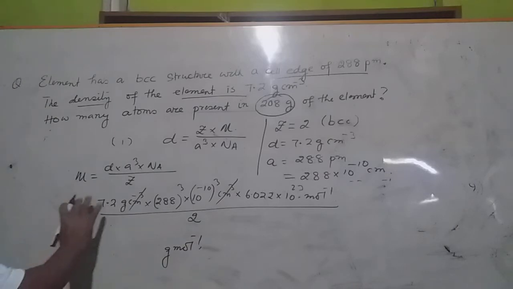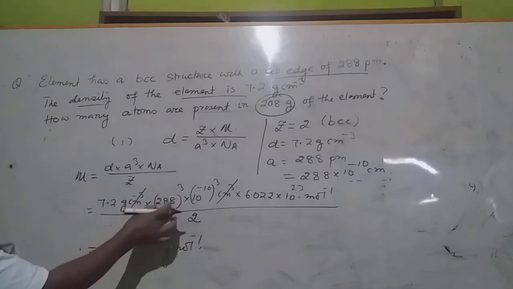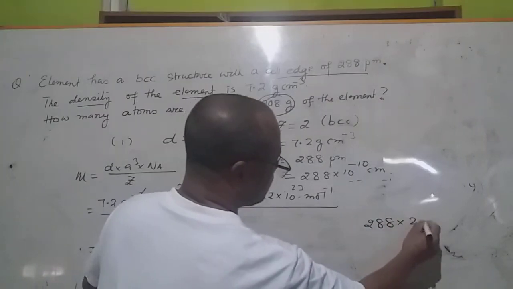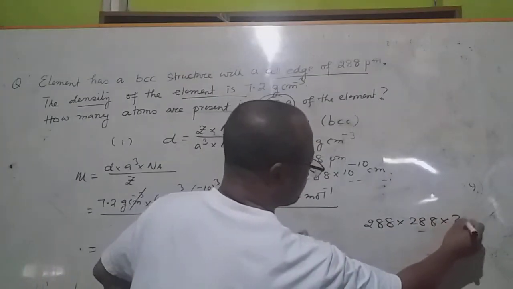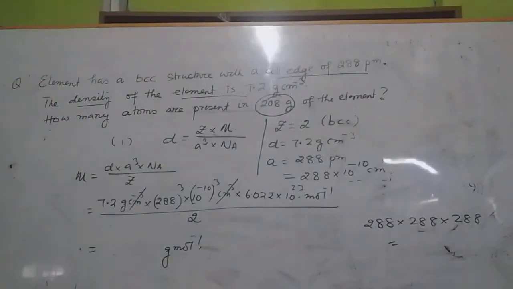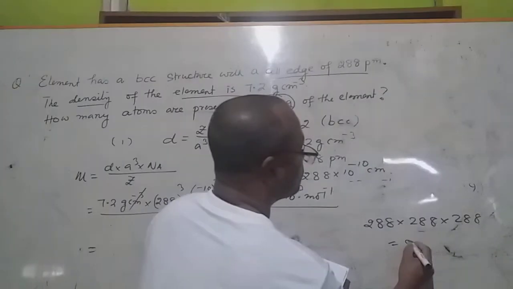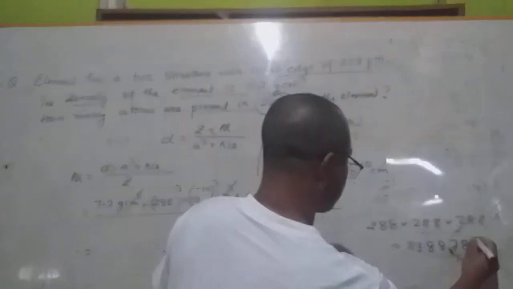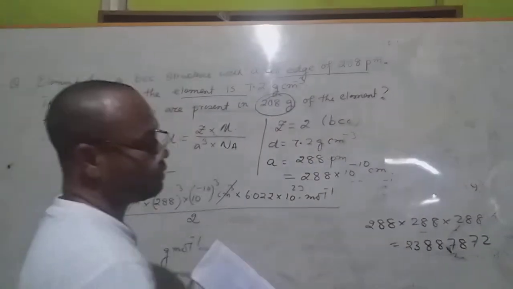As I said before, when we multiply 288, 288, 288 and calculate, we find a big number, 2, 3, 8, 8, 7, 8, 7, big values.